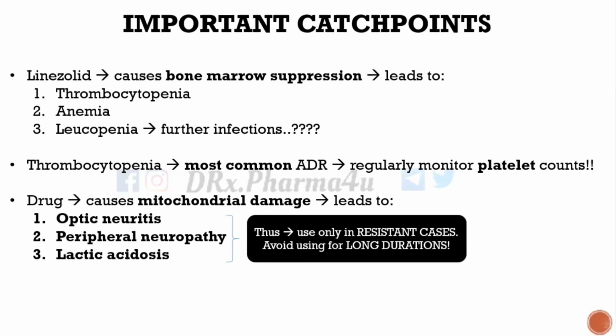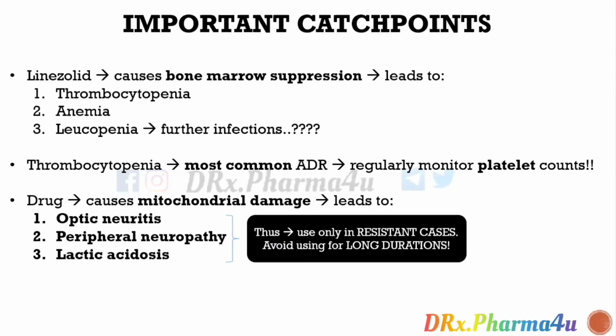Always remember, when the mitochondria is damaged, a large number of things happen, but the most common thing is lactic acidosis. So lactic acidosis is a very common side effect that is seen when the mitochondria is damaged.